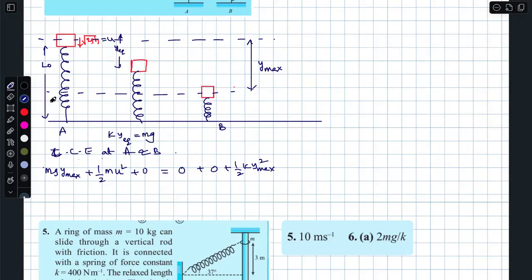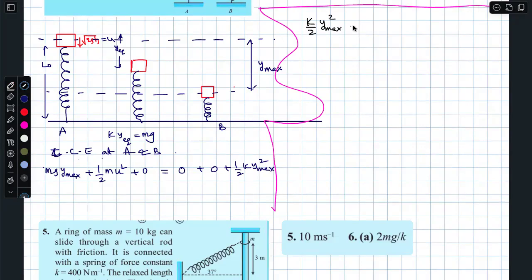Now I can see a quadratic equation here. If you can observe, I can see a quadratic equation here. What is that quadratic equation? Zero.